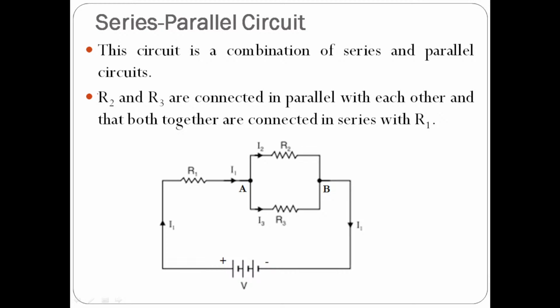Series parallel circuits are a combination of series and parallel, where elements are connected in series as well as in parallel. You can see here R1, R2 and R3. By looking at the diagram itself, we can say that R2 is parallel to R3.